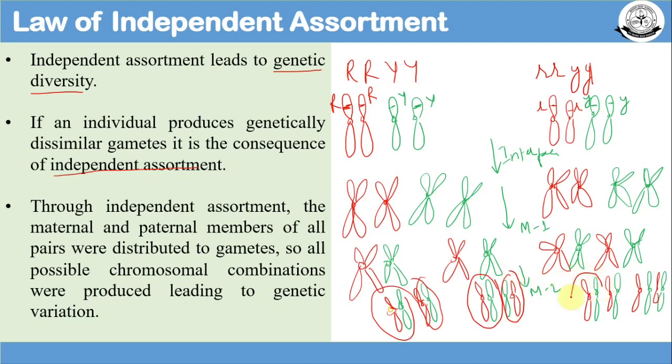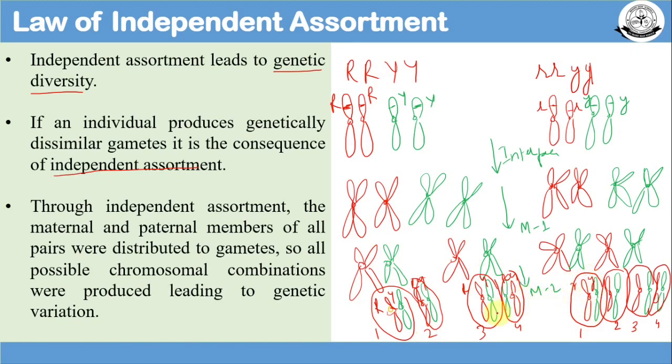Similarly in female, one gamete, two, three, and four. Here also 1, 2, 3 and 4. So what will be here, because this is a pure form, it will be RY, RY, and same as R, Y and RY, and here each one will possess the small r small y combination, all of them.